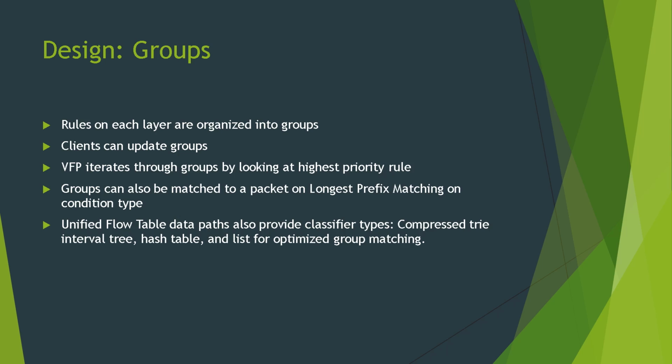By default, VFP will find the rule matched by the last group in the list, and that rule can be marked as terminating. Or another way to describe it, meaning that if it ever matches said terminating rule, the match will be applied immediately, and the packet won't have to traverse any other groups.